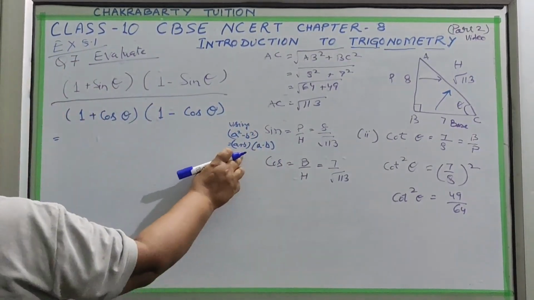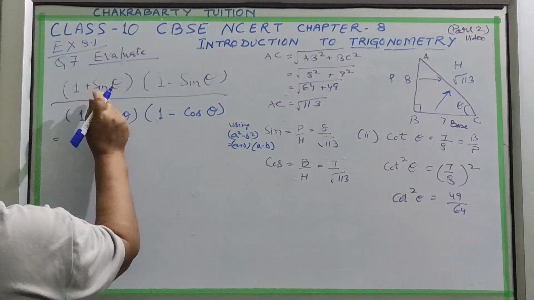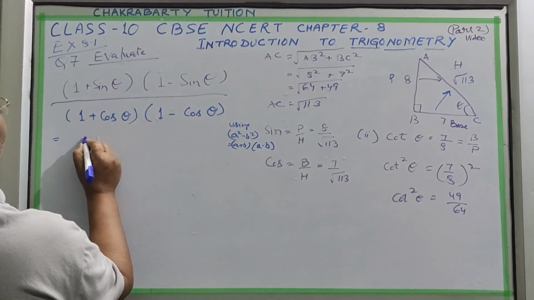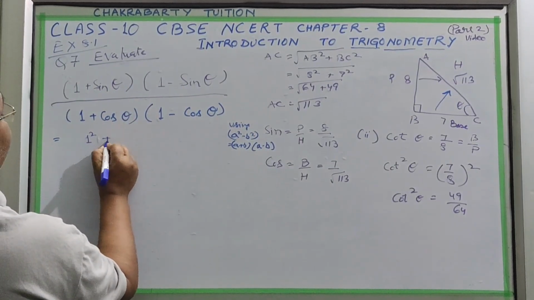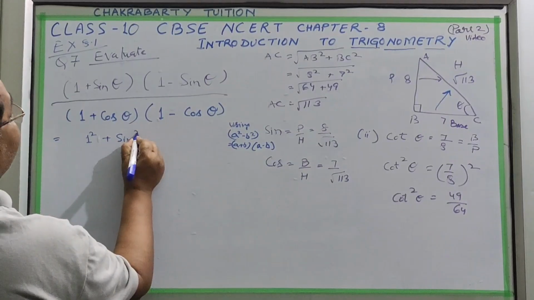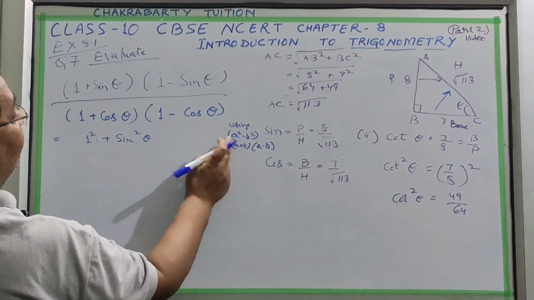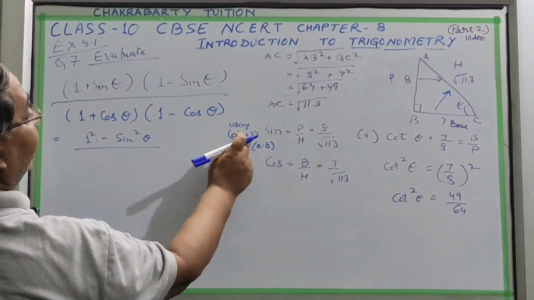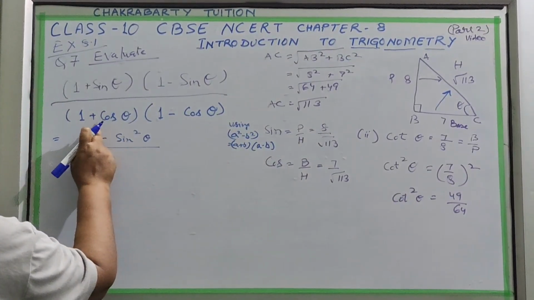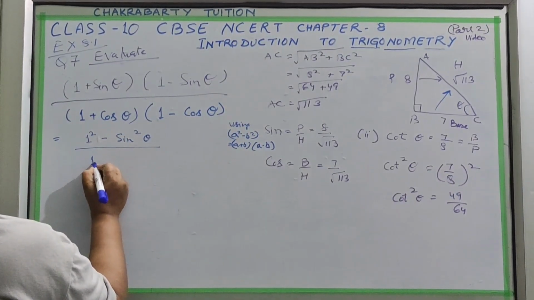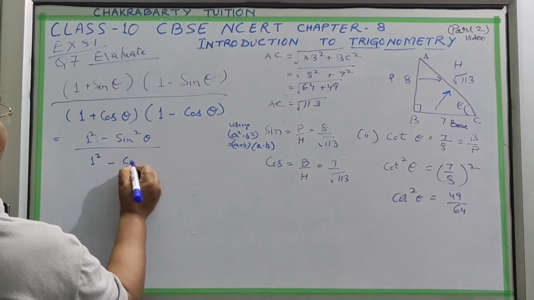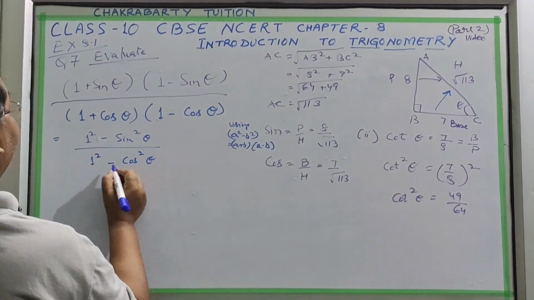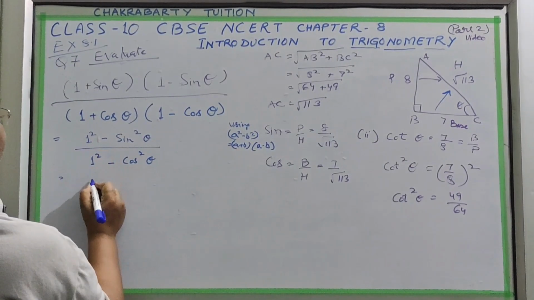So using this identity, what will we get? We will get 1 square minus sine square theta. Upon this we will get A minus B. And here what will we get? 1 square minus cos square theta. Okay, we will get. So 1 is 1.